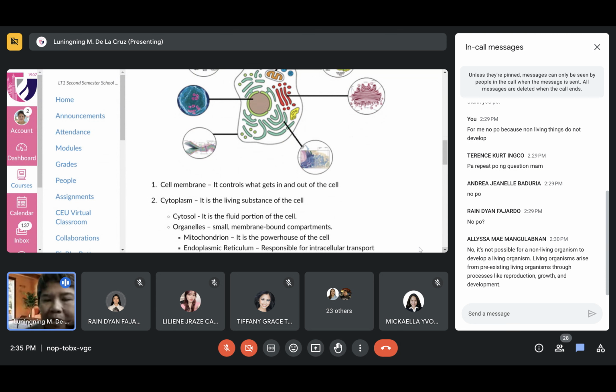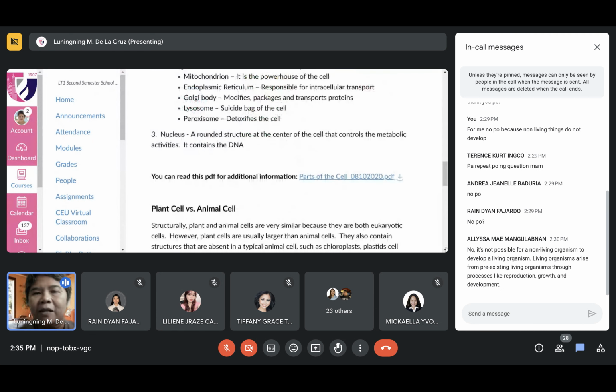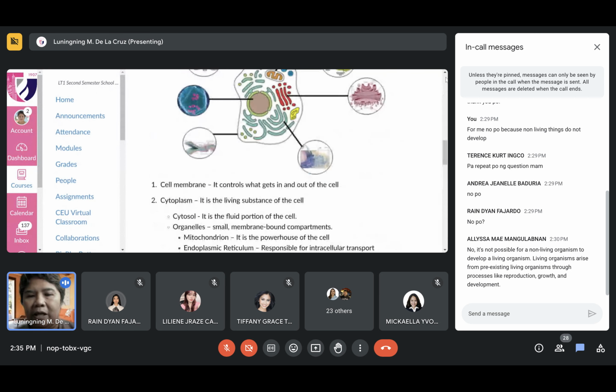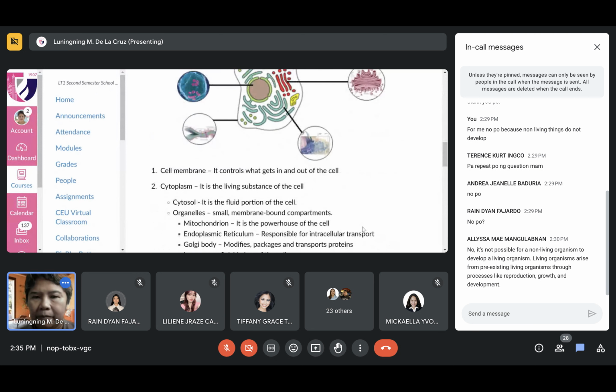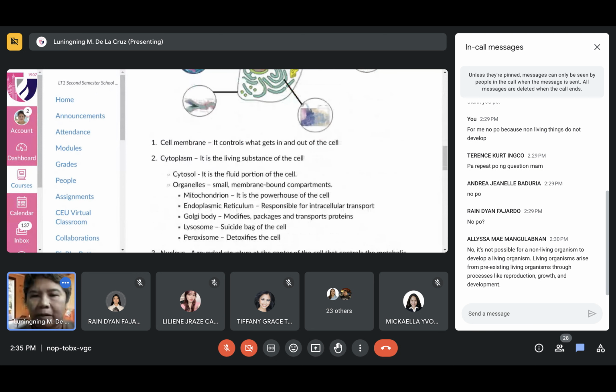First and foremost is our mitochondrion. The mitochondrion is the powerhouse of the cell. It is the one that produces our adenosine triphosphate. Cellular energy is produced in the mitochondria. Okay?